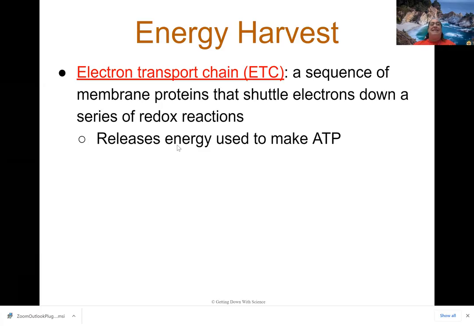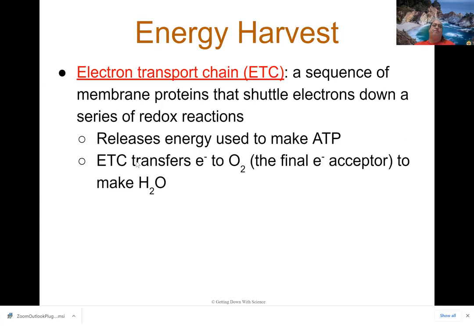So this will release the energy that we had stored in our NADH, and we can then use it to make ATP. The ETC transfers the electrons to oxygen, the final electron acceptor, and we make H2O. Because remember, those electrons also have some hydrogens hanging around with them. This releases energy.